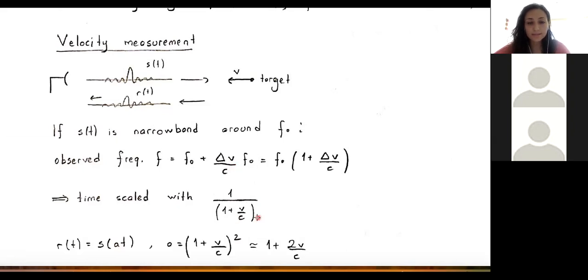You're enlarging by this amount in the frequency domain, and you're squeezing it by this amount in the time domain.